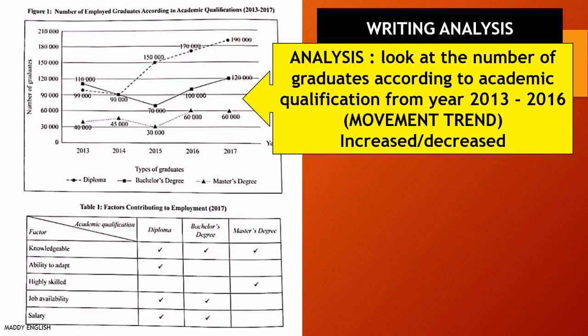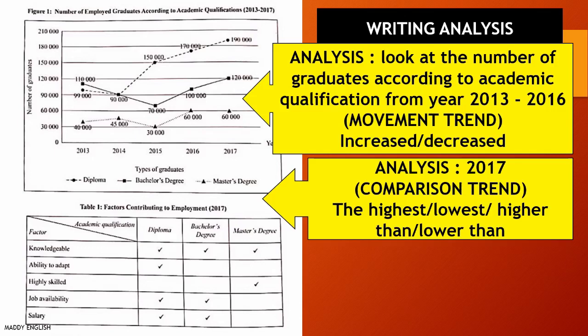You can talk about the movement trend on whether it increased, decreased, or remained the same. As for 2017, the candidate can make a comparison trend by mentioning the highest, the lowest, higher than, or lower than.